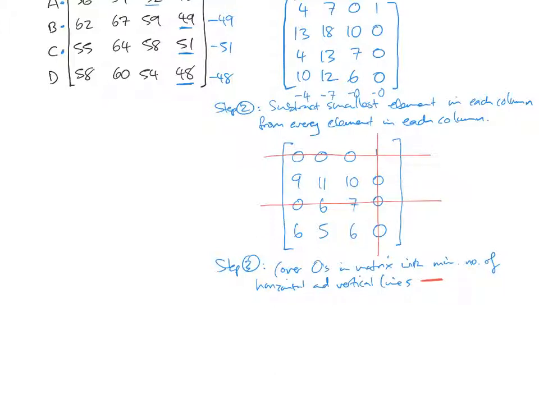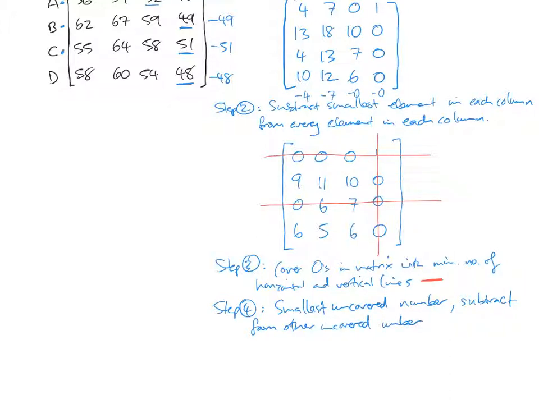Pencil. Step 4. Smallest uncovered number, subtract from other uncovered numbers, add to numbers covered twice.